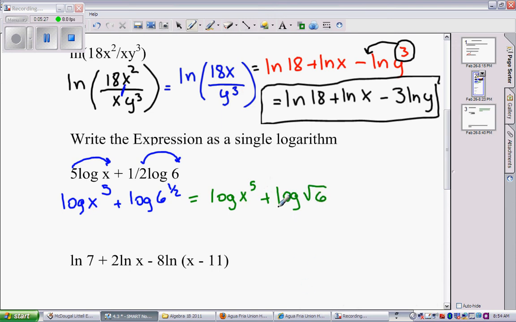Now you look to see whether the terms are adding or subtracting. They are adding. Adding was our law 1, where they go back to multiplying. So you get log x to the 5th root 6.